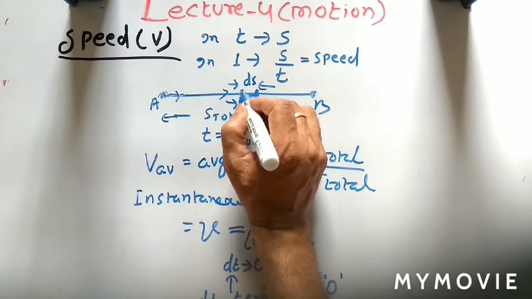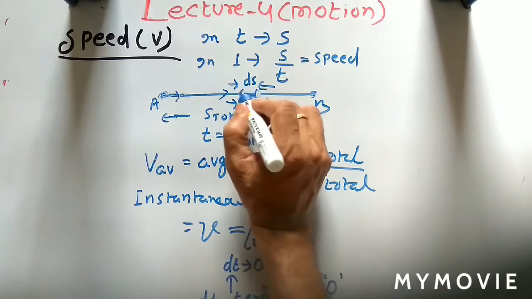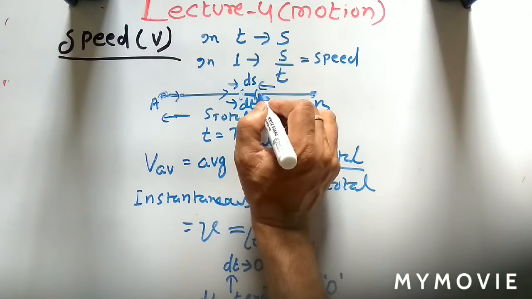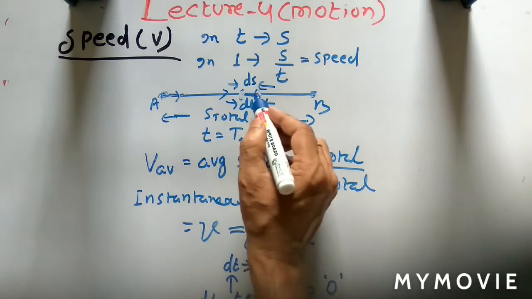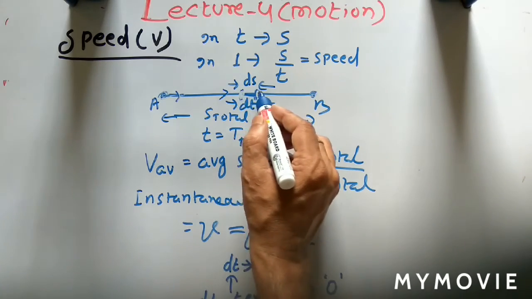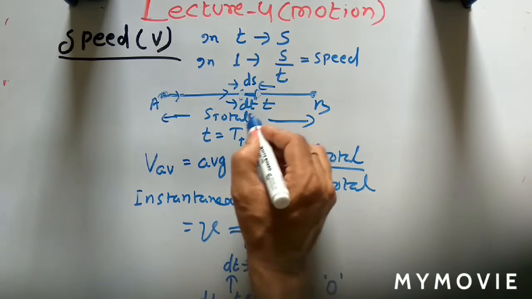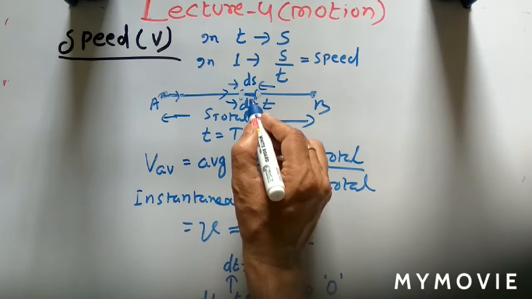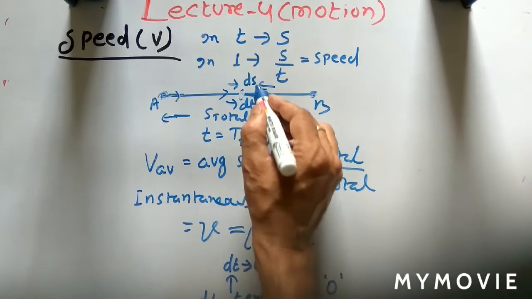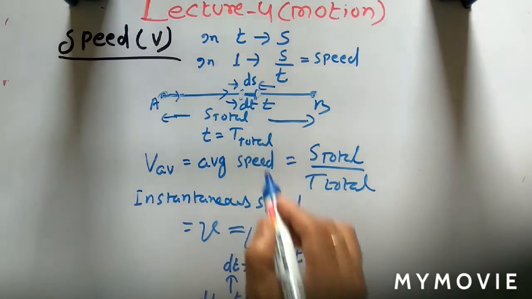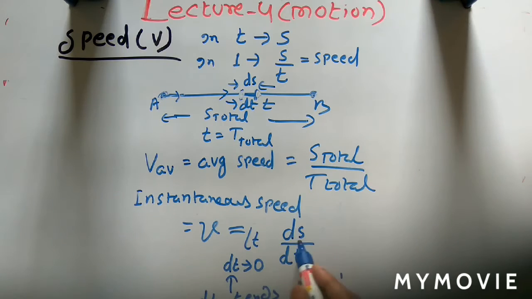You take two close points A and B, very close to each other. It takes a very small time to go from A to B, let us say dt, and within this very small time dt, let us say the distance covered is ds. Then ds by dt is called instantaneous speed.